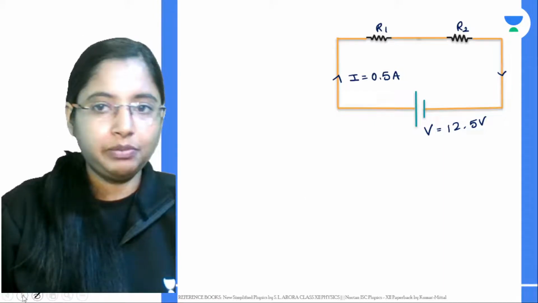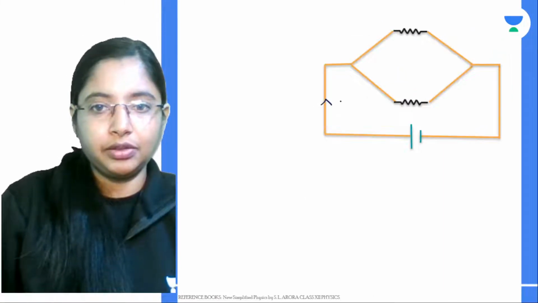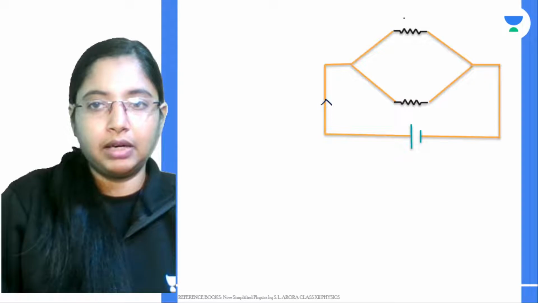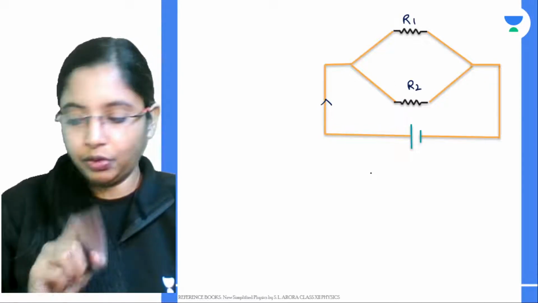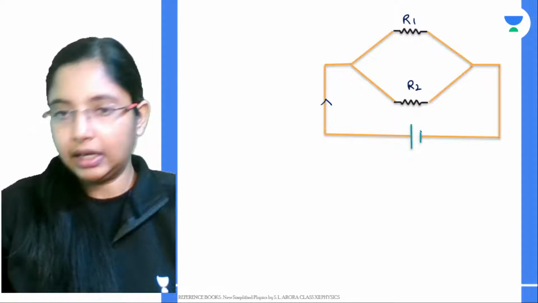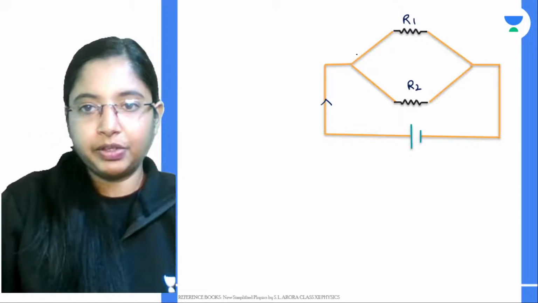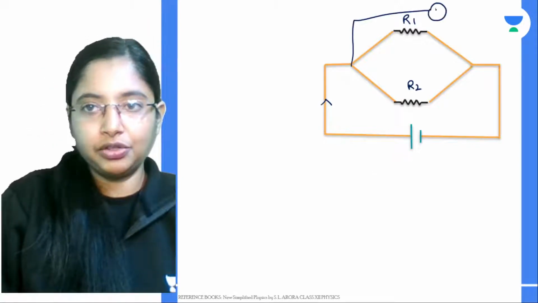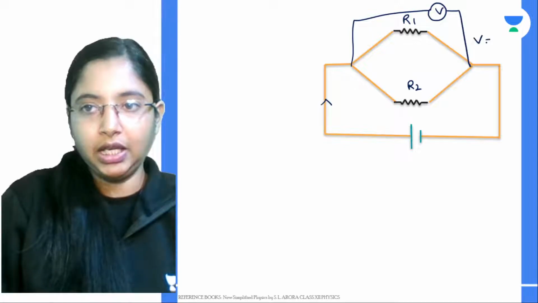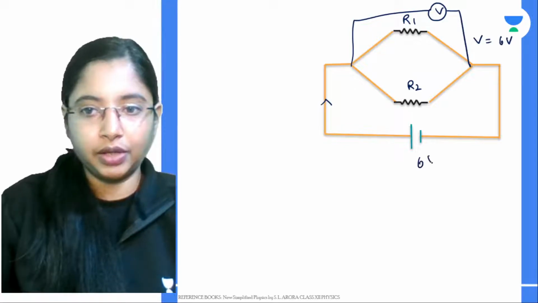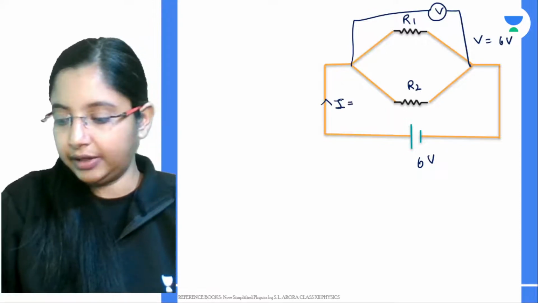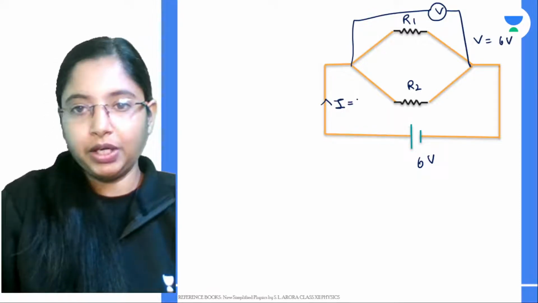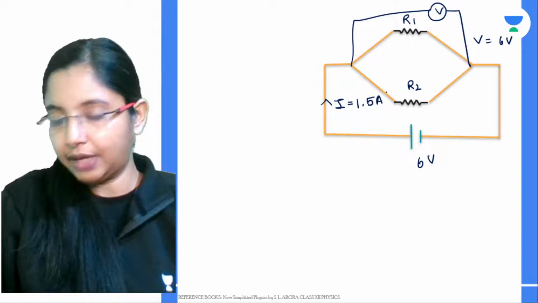Now, the same resistors R1 and R2, we are going to connect in parallel. What we are going to do is make sure that the potential difference V becomes 6 volts. If it becomes 6 volts, we are increasing the current in the circuit to around 1.5 amps.